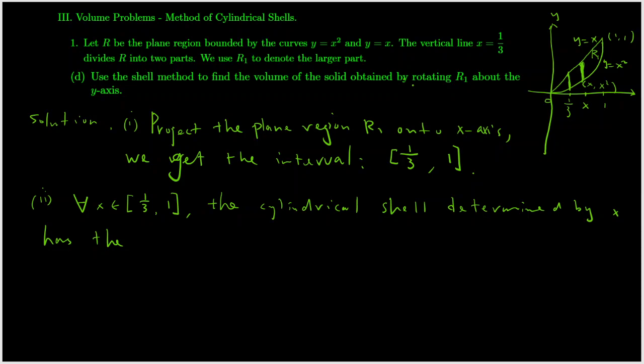And likewise, the other end point of the little line segment has x coordinate of x and y coordinate of x as well, because it's on the line y equals x. Now let's get the height first.